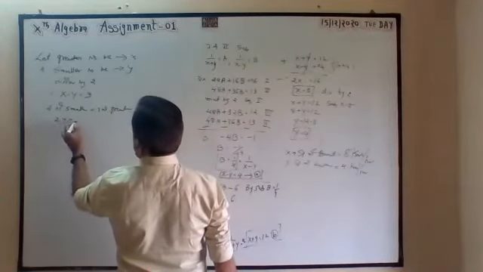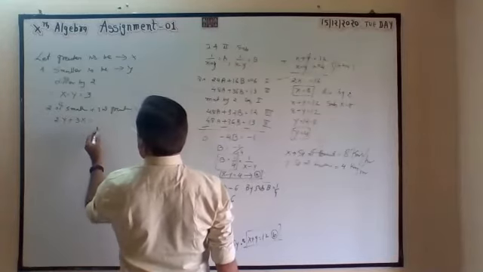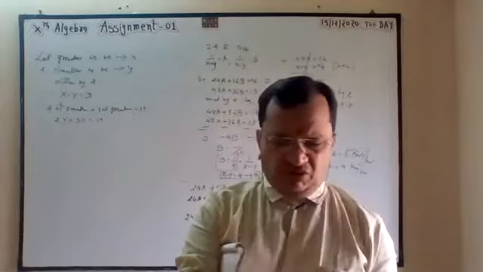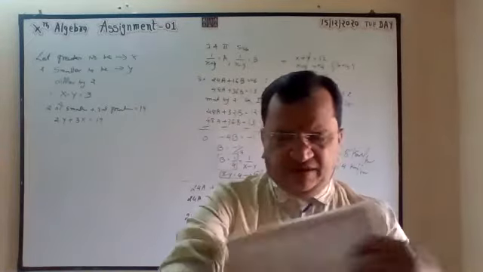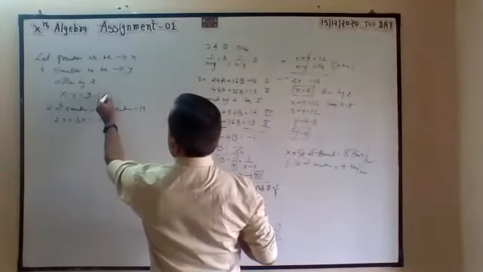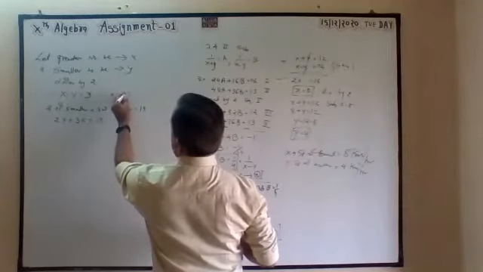So 2y plus 3x is equal to 90. Now, always there is no need to make the coefficients equal and then solve. No. From here you can take x is equal to 3 plus y.